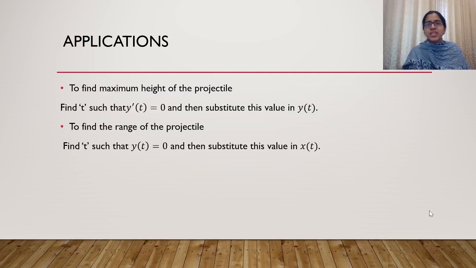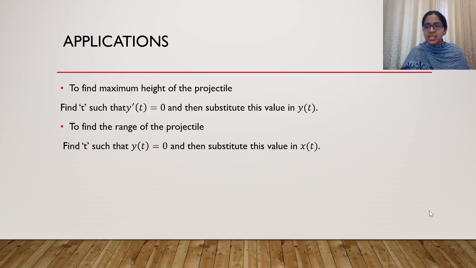Now, this is about curvilinear motion in the plane. As I've mentioned in the beginning of this session, we are going to do the applications of the vector functions. Let us see how we can apply the properties of the vector function. First, we can find the maximum height of the projectile.